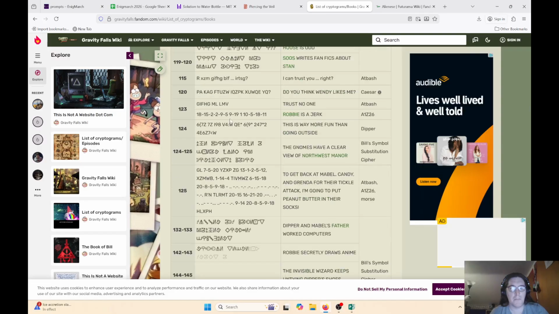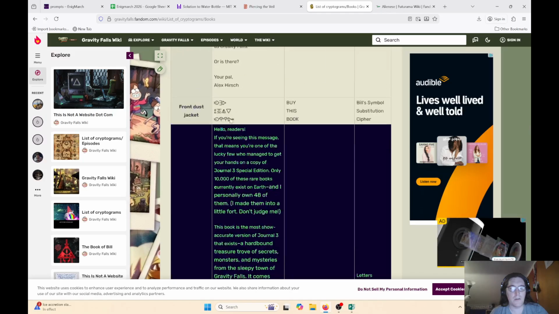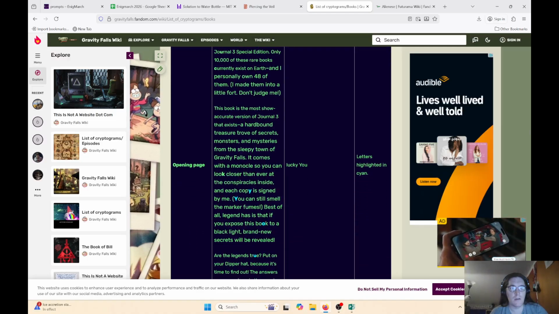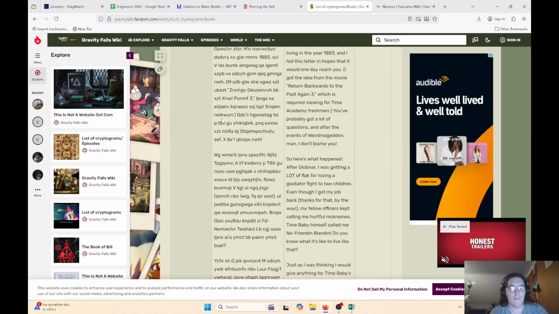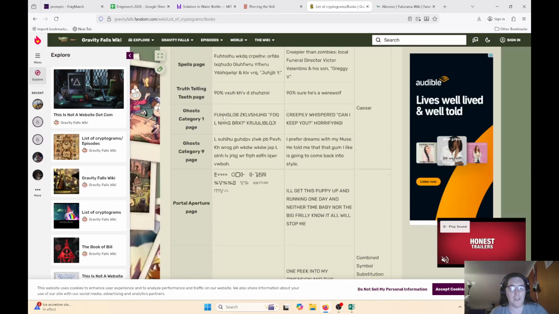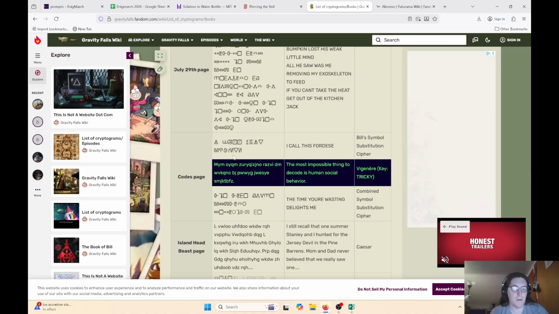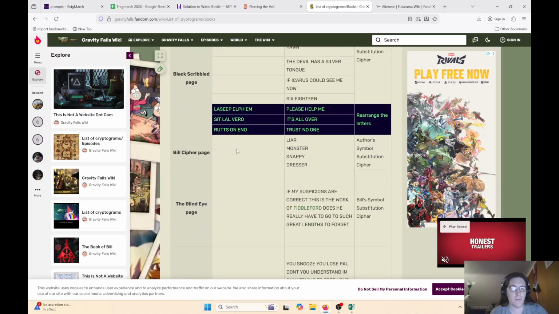It looks like Bill's. Yeah, it looks like the author one isn't used that often, but Bill's symbol substitution cipher seems like it's used often. No, I guess it is somewhat in there.